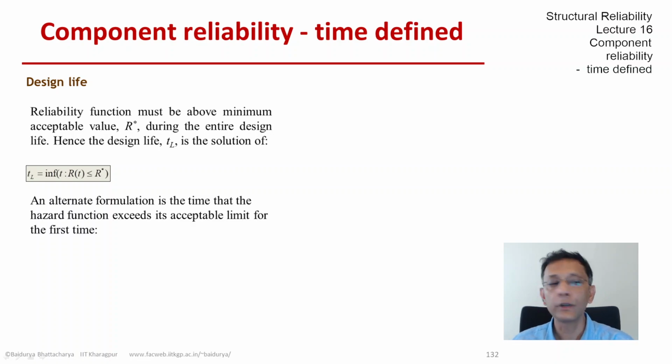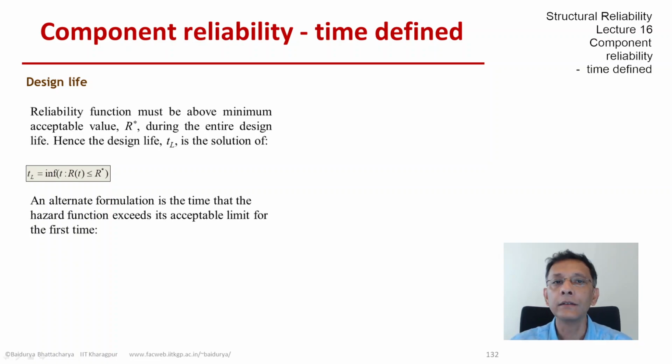We can take an alternate approach and bring in the hazard function. As I have said before, the reliability function is kind of an aggregate report on the item's performance, but the hazard function is a more local investigation on how it performs.